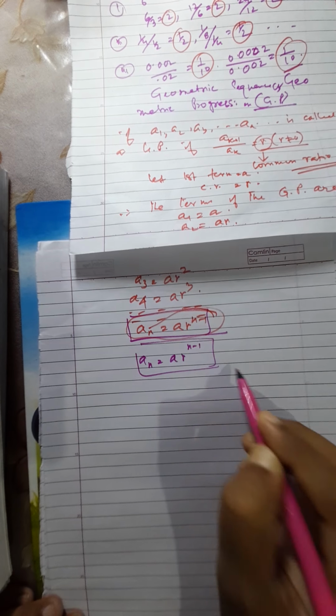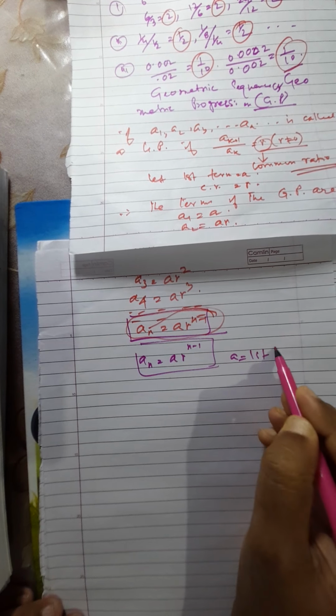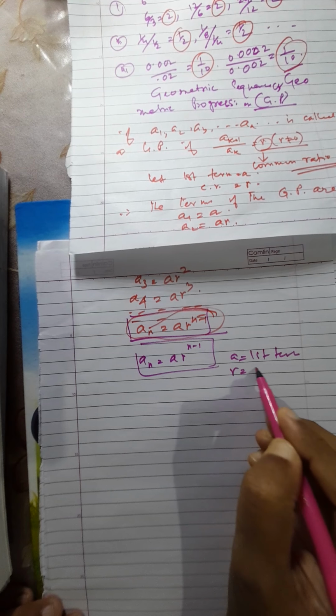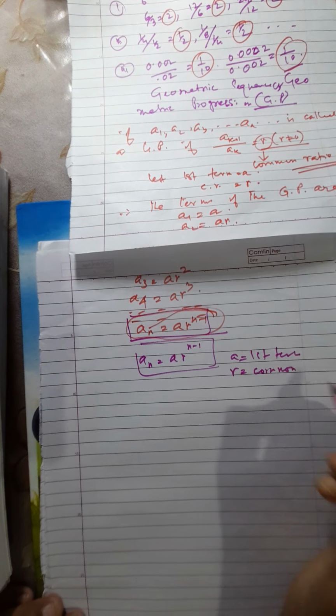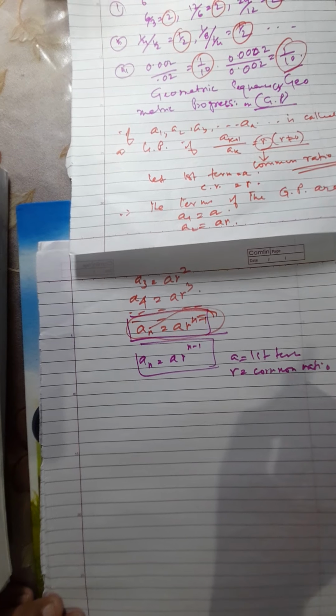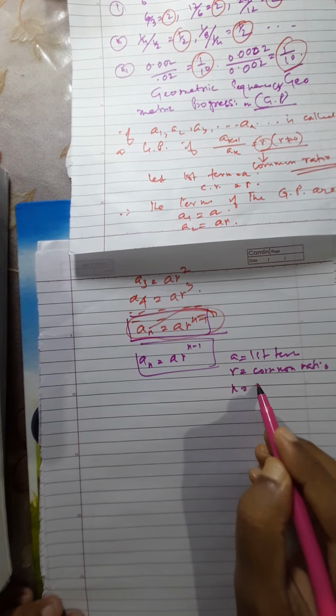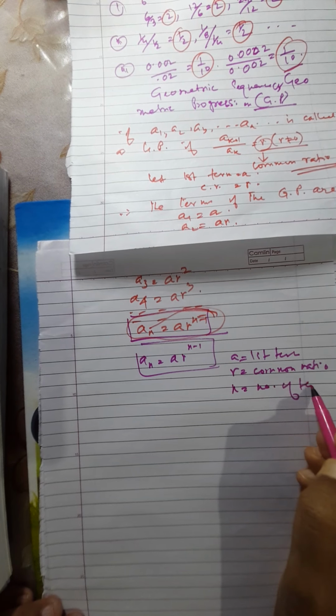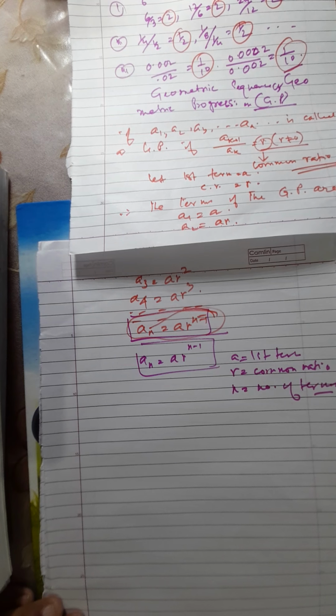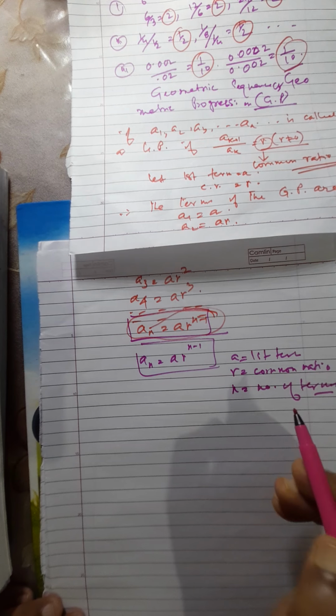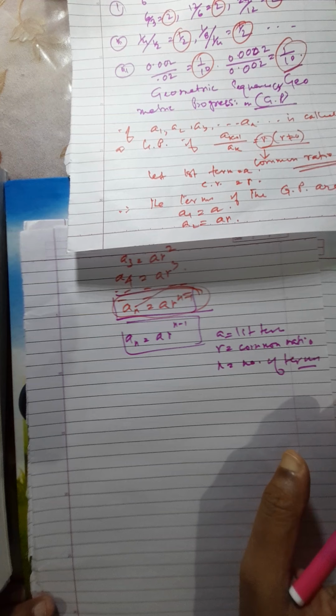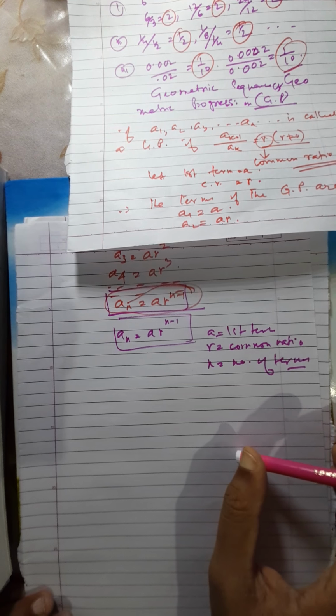Here a is the first term, r is common ratio, and n is number of terms. n is number of terms, and n must belong to capital N, natural numbers.